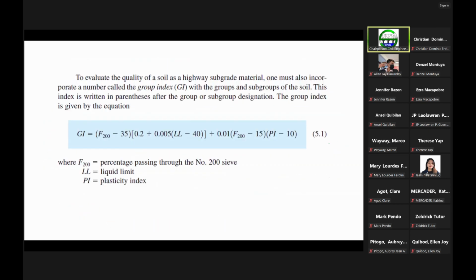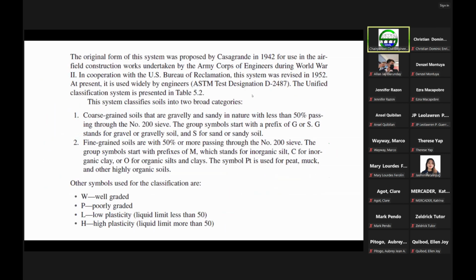Now for the USCS, we consider 50%. If it is less than 50%, these are coarse grain soils.